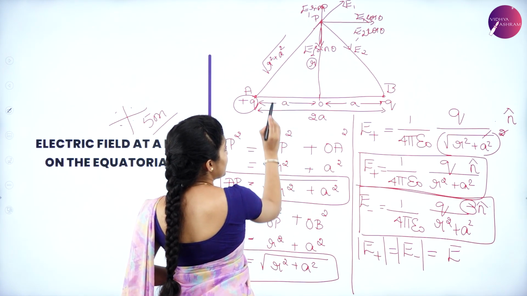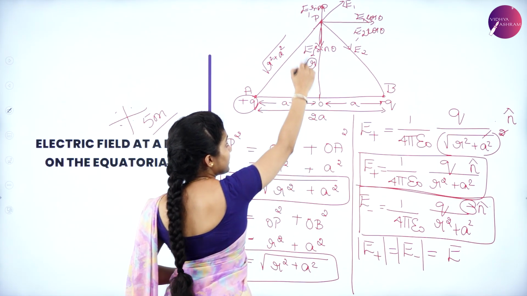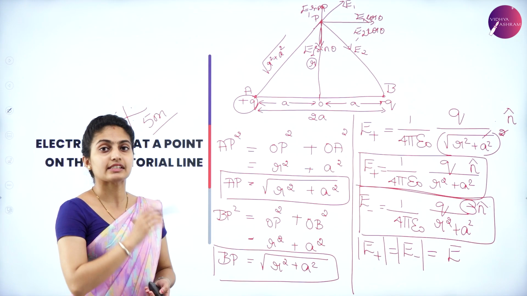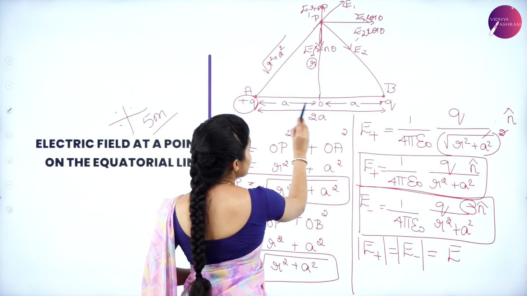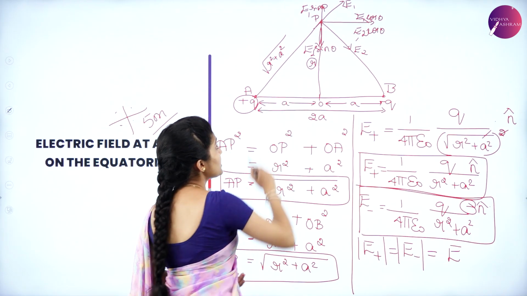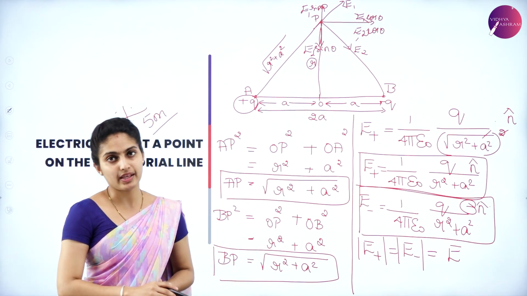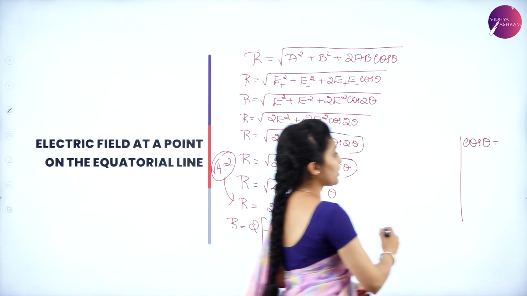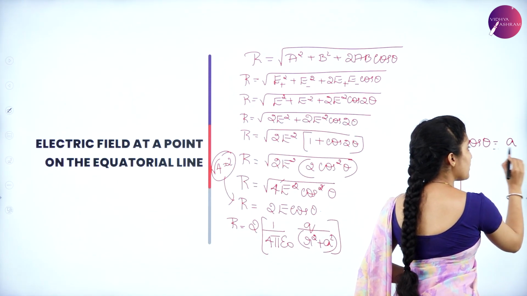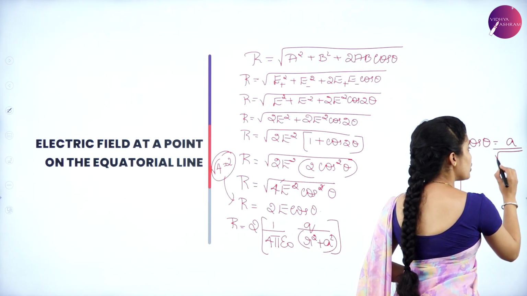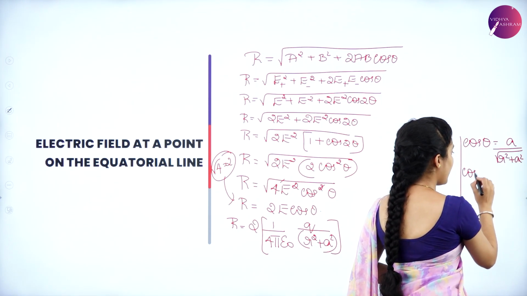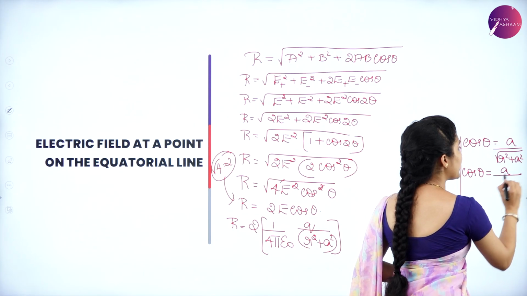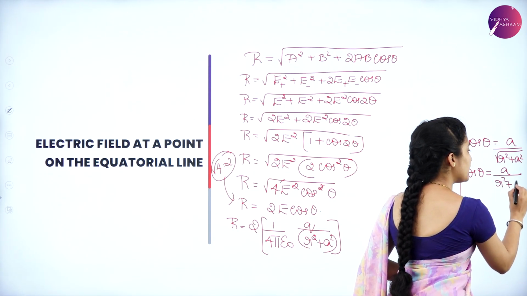If this is the hypotenuse, this is adjacent, and this line, that is a perpendicular line, is said to be opposite. So adjacent A by hypotenuse root of R square plus A square can be rewritten as cos theta is equal to A divided by R square plus A square the whole half.